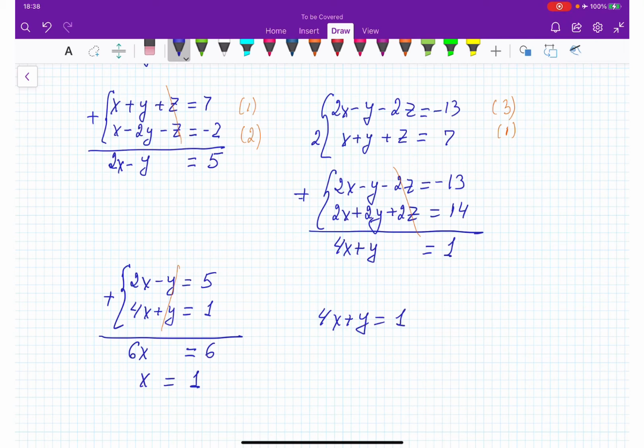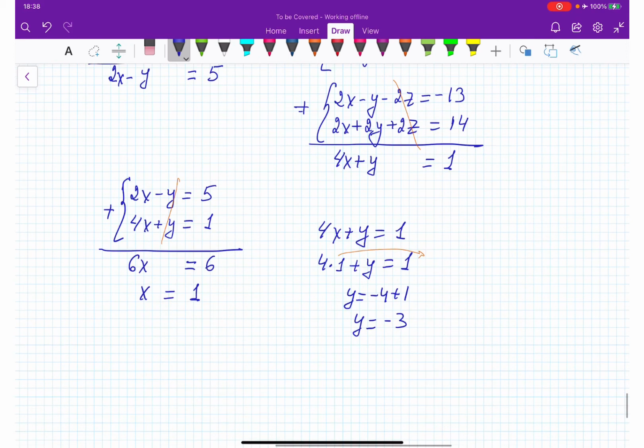Plugging x here, 4 times 1 plus y equal to 1. And y is equal to negative 4 plus 1, because I'm moving it over and flipping the sign. So y is equal to negative 3. Okay, we got x is equal to 1, and y is equal to negative 3.